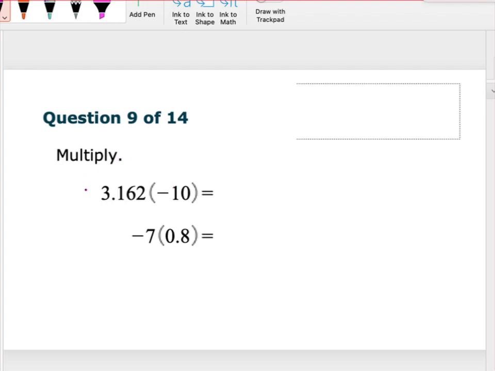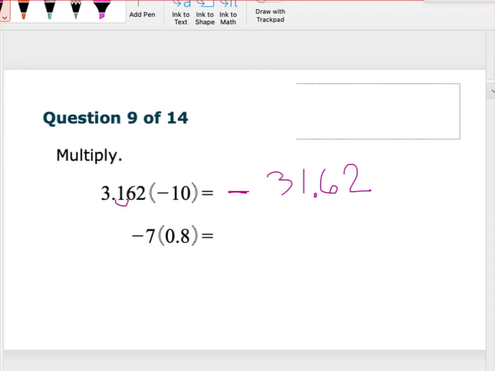So negative times positive is a negative. And now I've taken care of the negative. So now 3.162 times 10 moves the decimal one place to the right, which would be there. So we'd get -31.62.